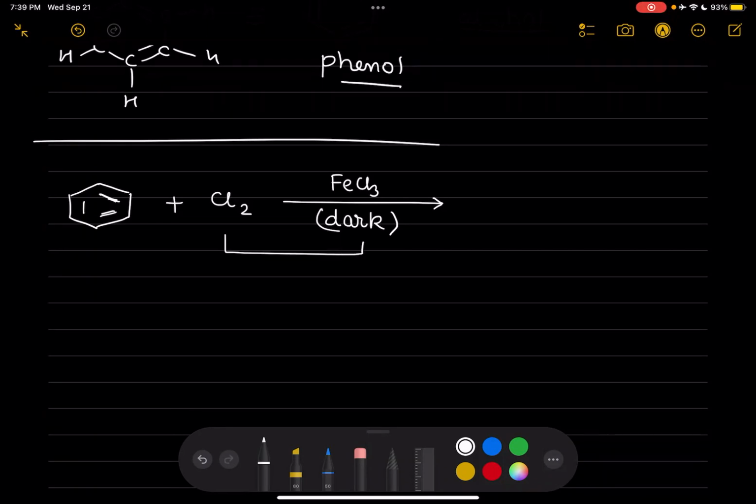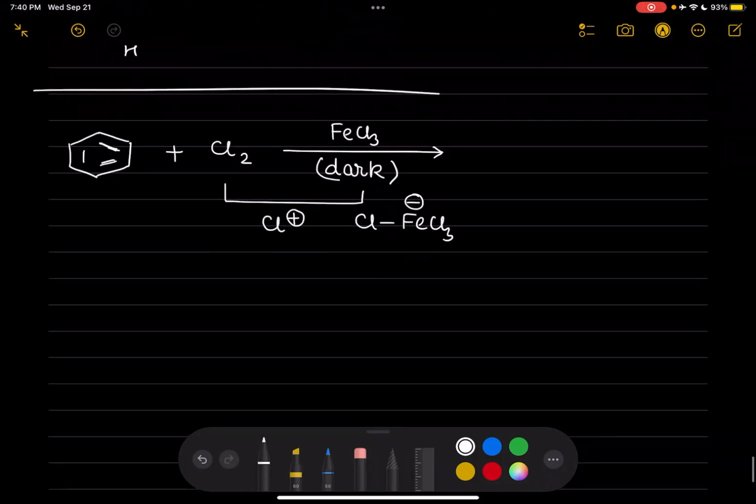That's what we have seen in the alkyl and aryl halide chapter. FeCl3 has only 3 bonds, so it will break away the Cl minus. And this Cl plus is going to come and join in on the benzene ring.